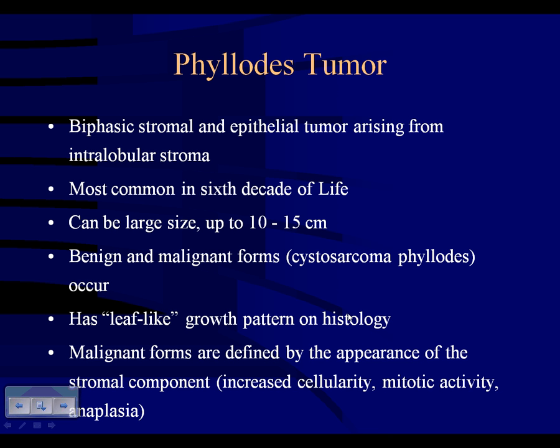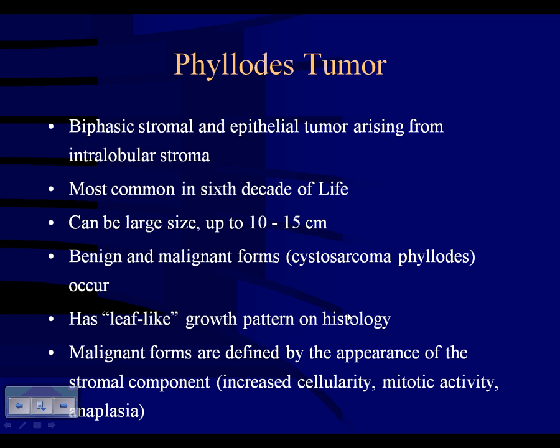When they're malignant, they're also referred to as cystosarcoma phyllodes, because the malignant component, which is defined by the stroma looking malignant, looks sarcomatous. It looks like a sarcoma. That's why it's called that. Now, where does it get its name phyllodes? Well, phyllodes is actually a Greek word, I believe, for leaf-like. And that's kind of what it looks like on histology.